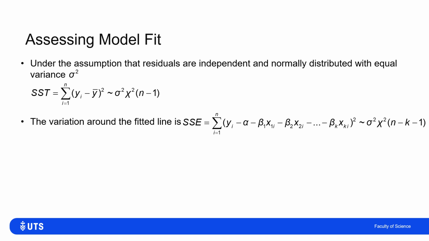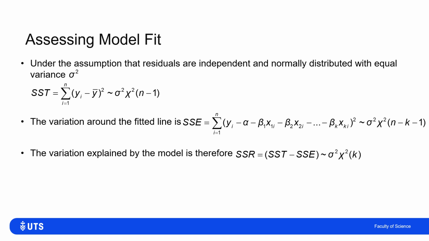So this will give a chi-squared with n minus k minus 1 degrees of freedom. So the variation explained by the model will be the difference between these two. So it should be sigma squared times a chi-squared with k degrees of freedom.